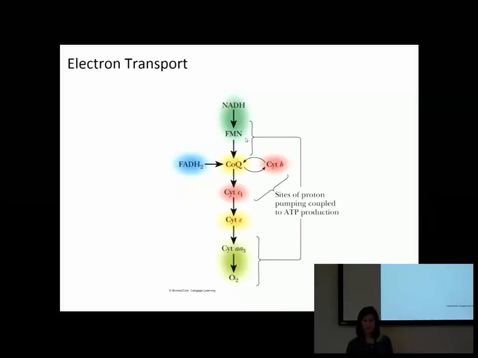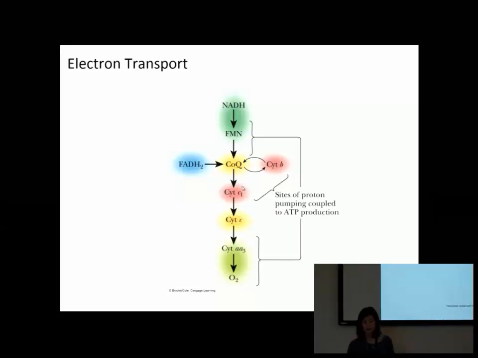So complex 1 and complex 2 take the electrons from the reduced coenzymes that we have from our glycolysis and citric acid cycle, and pass them on to coenzyme Q. Coenzyme Q carries those electrons to our complex 3, which has a grouping of types of proteins called cytochromes.